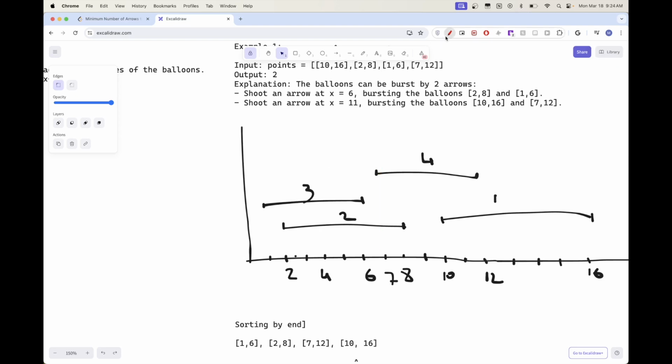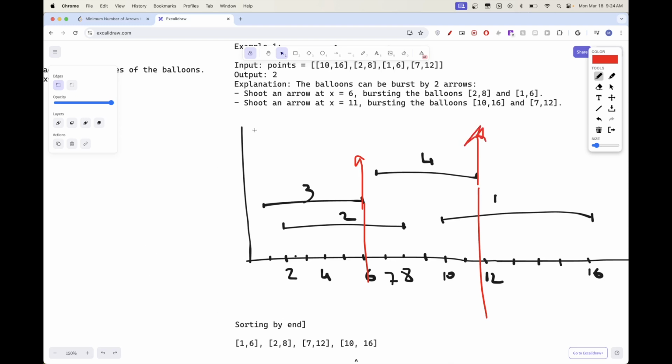So we have the choice either to do one here and then one here, which is 2. Or to do one here so that it intersects the 2, and then one that intersects these 2 together, right? And this way we have just 2. And this is actually the optimal way, we need just 2.